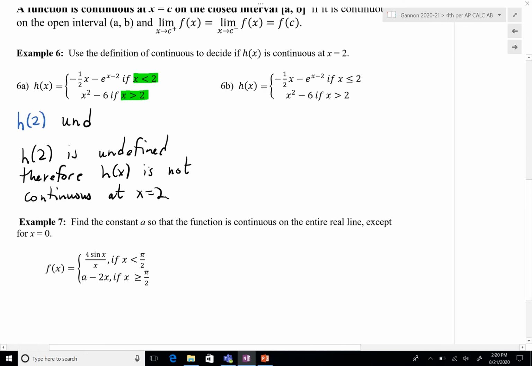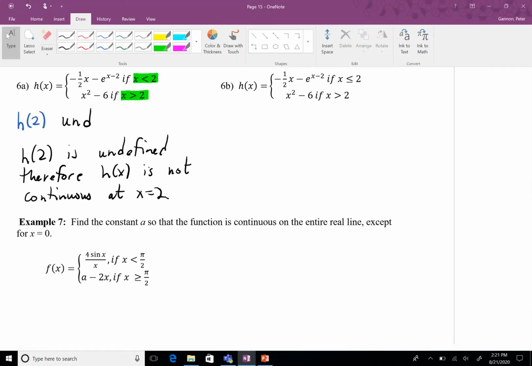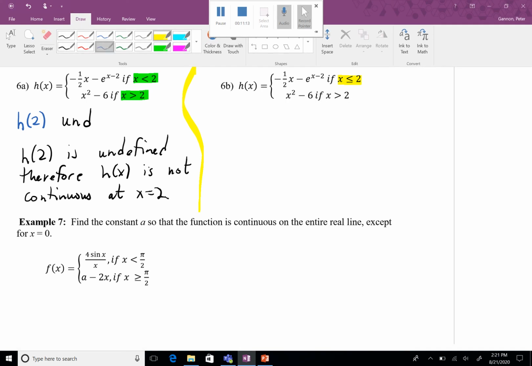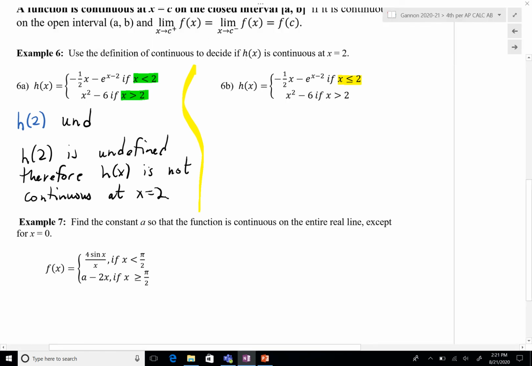All right, now 6b takes that same function, but this time it tells us that x is less than or equal to 2 in that top function. So that's going to change the problem a little bit. Same thing, I'm going to start by finding h of 2.